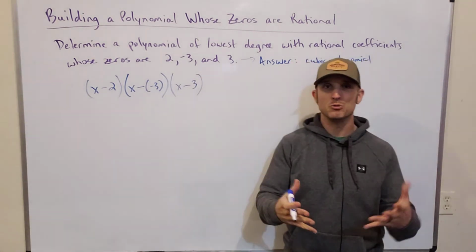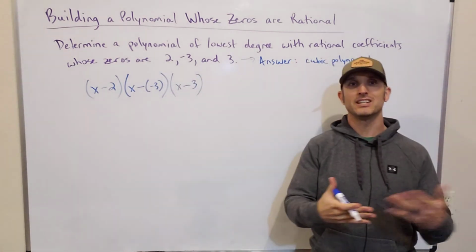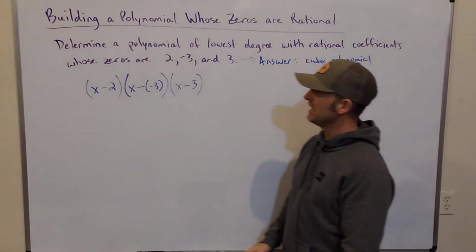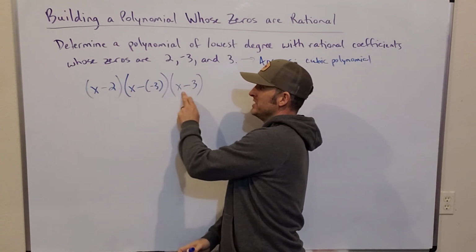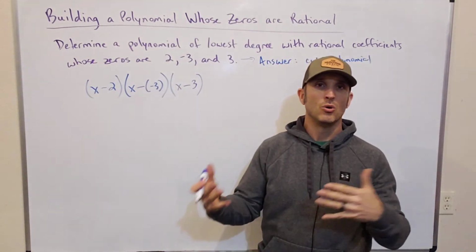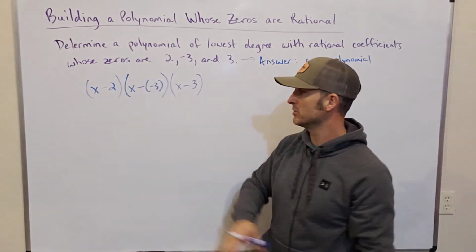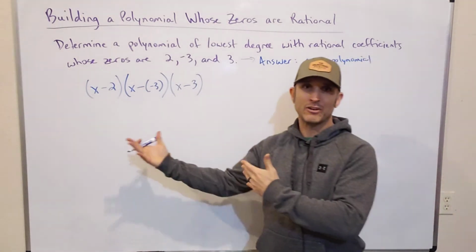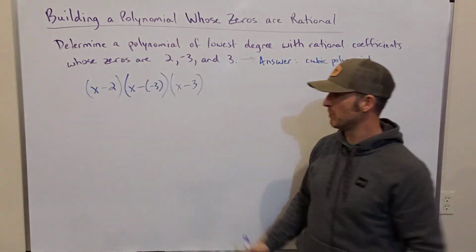And now we have to multiply all of the factors together to get our cubic polynomial in this case. And the only types of numbers we're dealing with here are rational. We don't have any complex numbers or square roots, irrational numbers. So this part about having rational coefficients, it's going to naturally happen anyway. We don't have to do anything special.